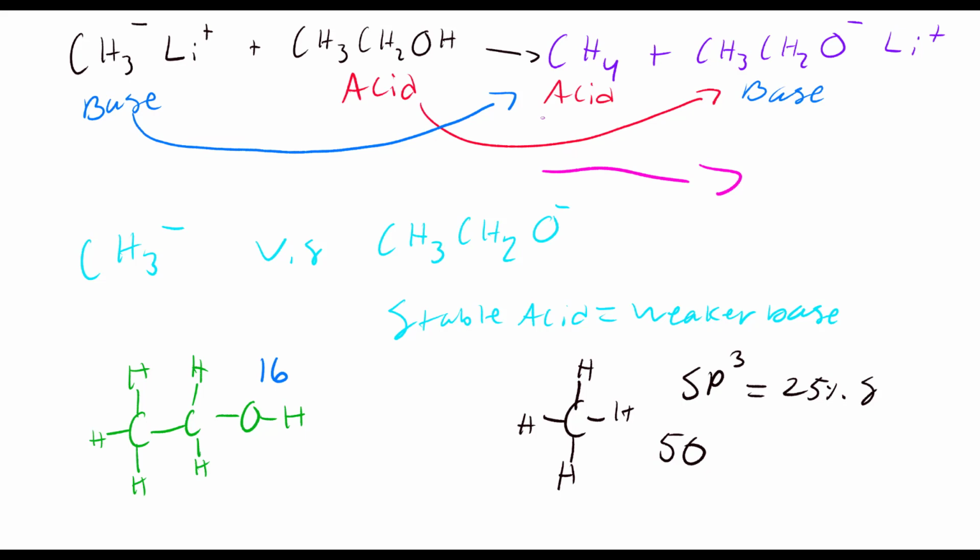And this side is going to have the weakest base and the weakest acid. You're not going to find the weakest base over here and the weakest acid over there. No. The weakest base and the weakest acid are always going to be on the same side. If a question like that is given to you on an exam, you should know it. The weakest acid and the weakest base are going to be found on the same side. Always.